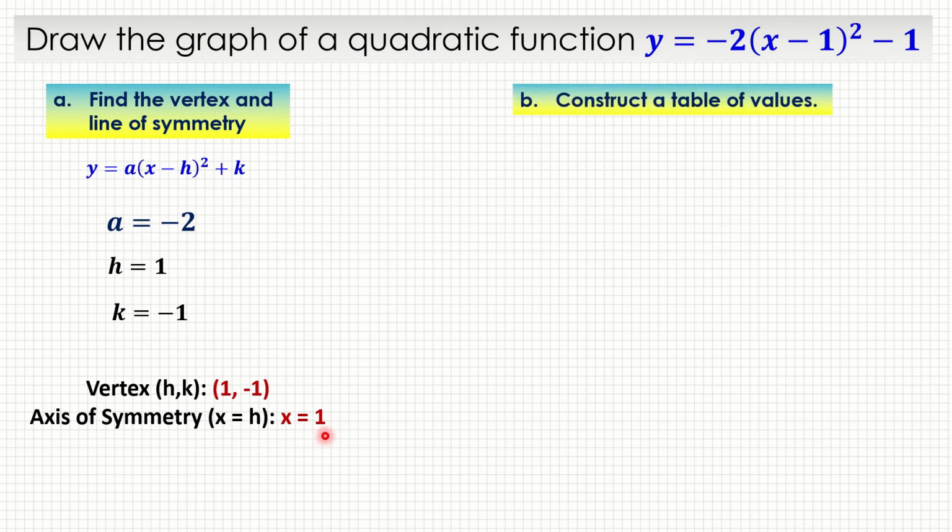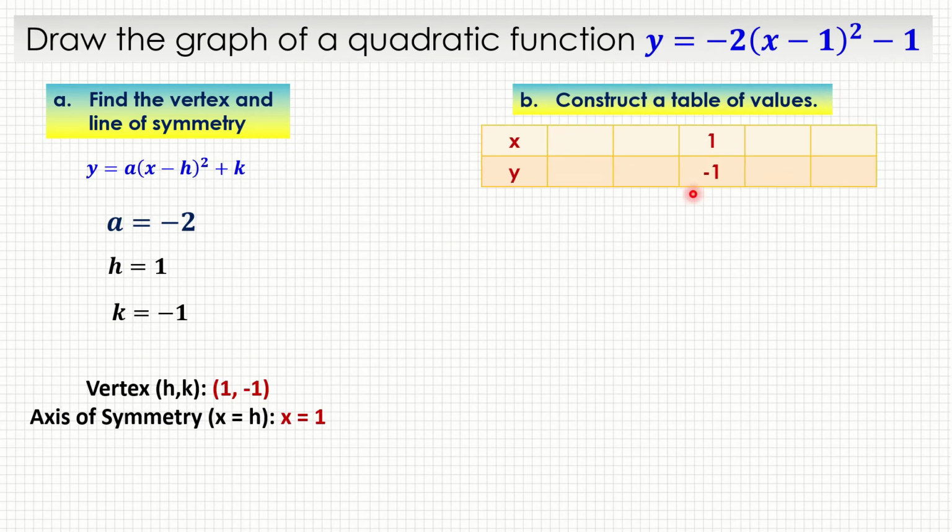So next is to construct a table of values. Now that we know the vertex of this quadratic function, we will use that as the initial point for our table of values. Since we have here +1, to the left side, the next number will be 0, followed by -1. While on the right side, it will be +2, followed by +3.